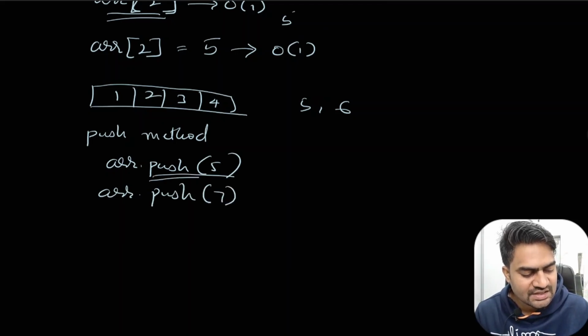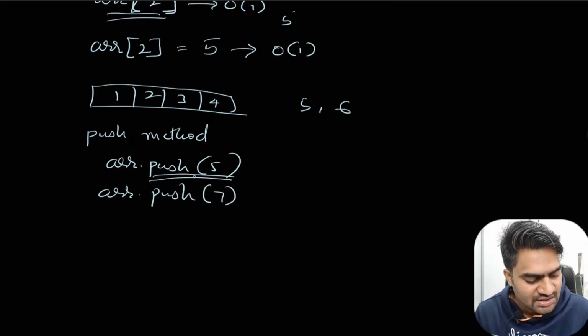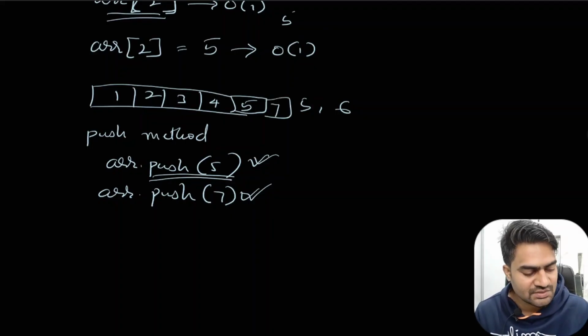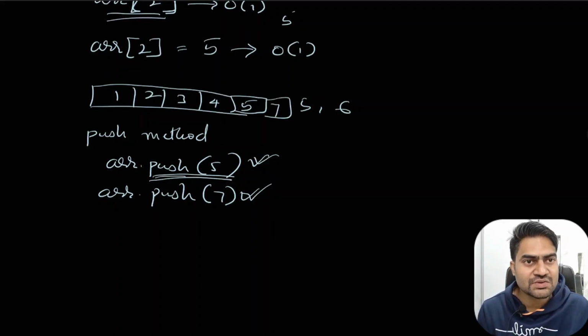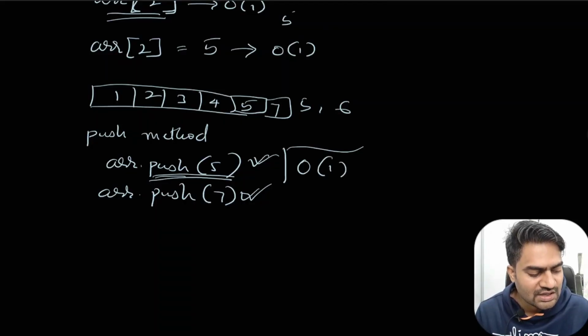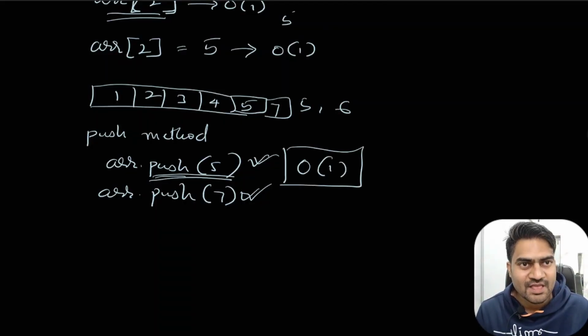This is an array method that is available. Using this, I can add 5. It will create one more block at the end of the array and add 5. Again, after this operation, it will create one more block and add the element there. So push is used to add an element at the end of the array. That is why it is of order 1. Push is of order 1 time complexity because it takes constant time to add elements at the end of the array.